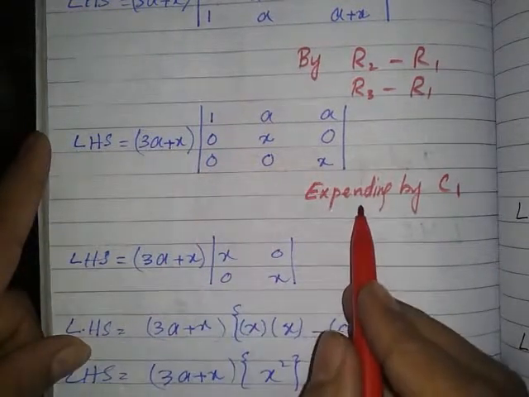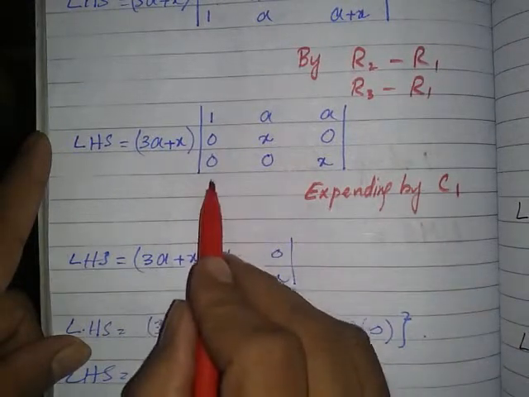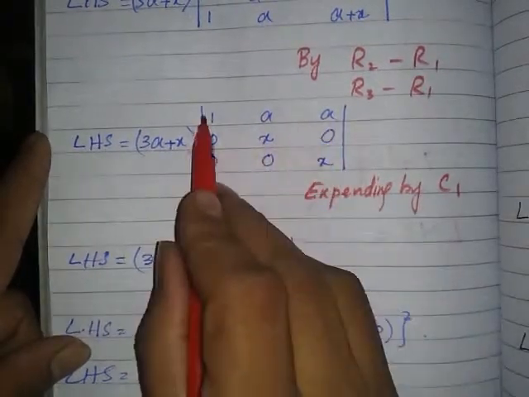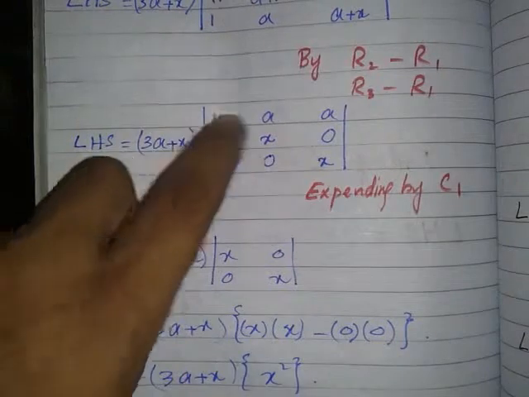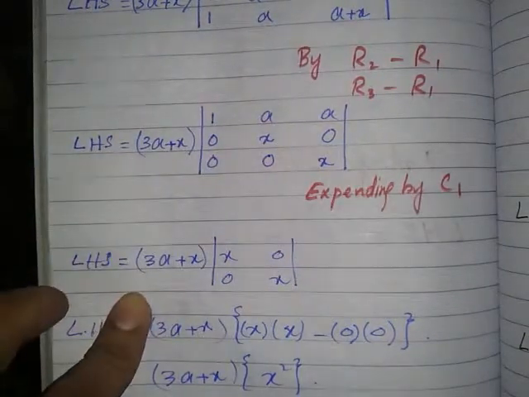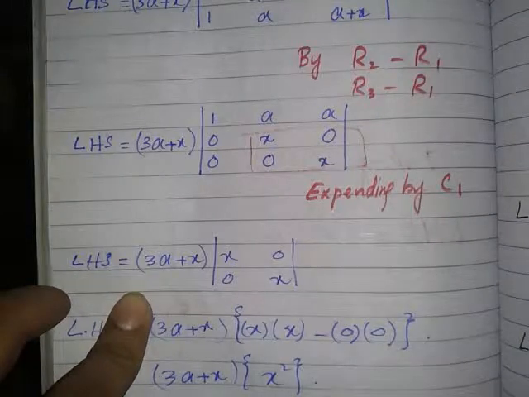By expanding by C1, column 1 and row 1 both can be neglected. The remaining portion is this x 0 0 x.